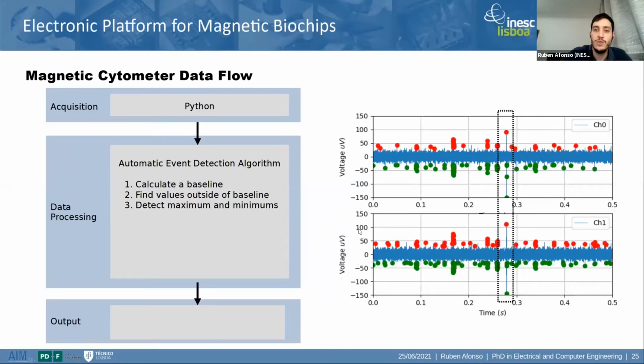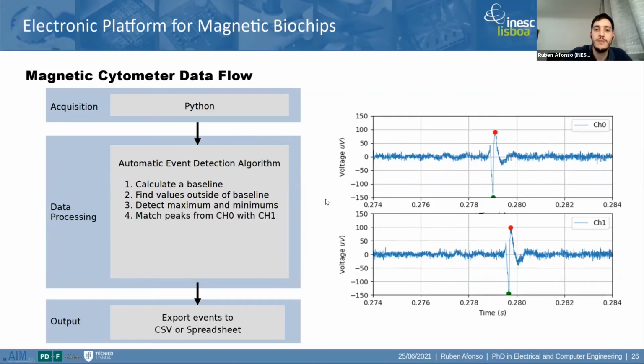Also, after that, we find all the peaks, maximums, and minimums outside of the baseline. And finally, since we know the velocity and we can estimate the time it takes to travel between the two sensors, we can match the signals from the two sensors.